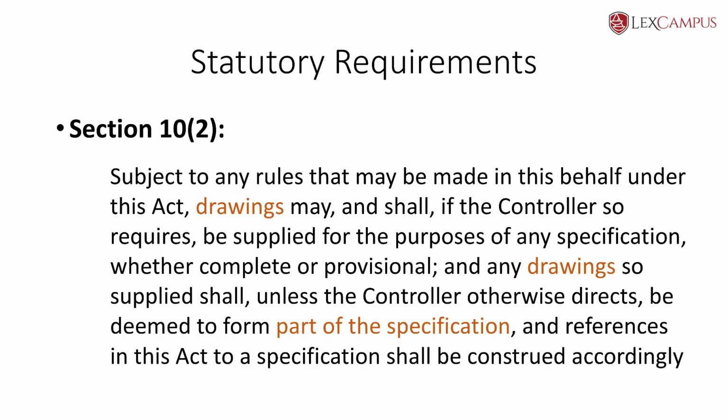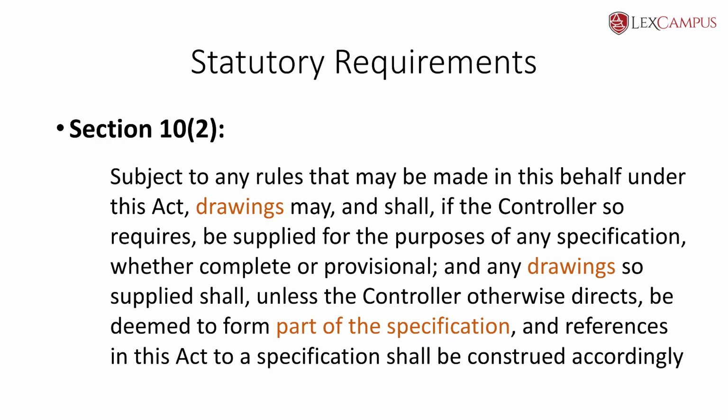And any drawings so supplied shall, unless the controller otherwise directs, be deemed to form part of the specification, and reference to this Act to a specification shall be construed accordingly. So we understand drawings are regarded as a part of the specification. So if you give drawings along with your specification, it will be treated as a part of the specification.